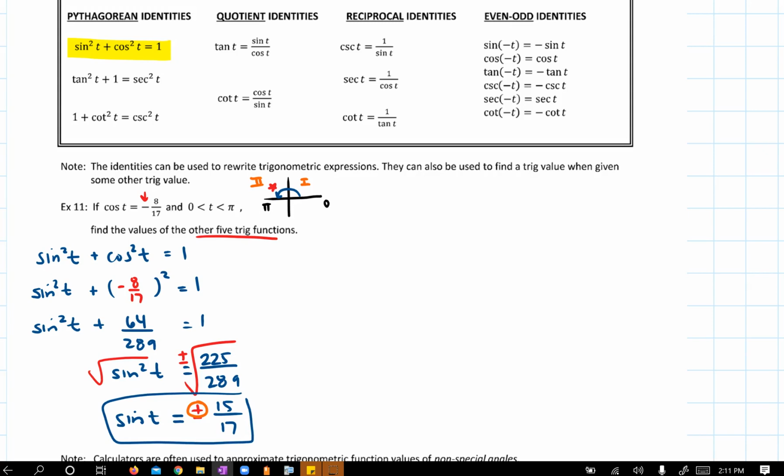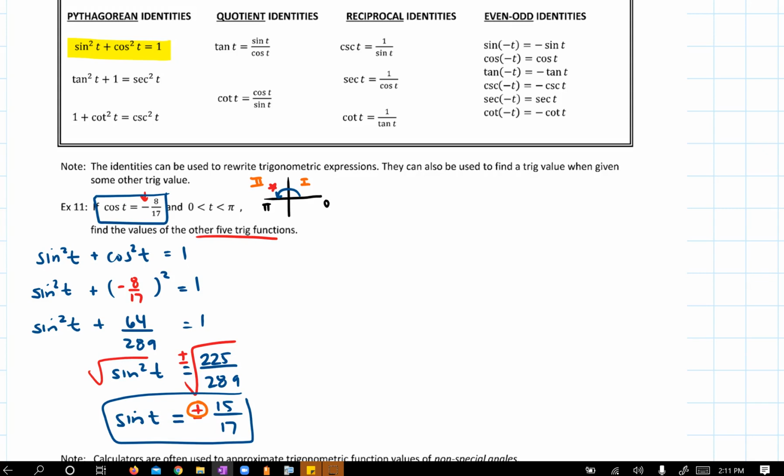Now, there's a couple of ways to go. Sometimes at this point, if I already know what sine of t is and what cosine of t is, I can use the quotient identities to figure out tangent and cotangent, and I can use the reciprocal identities to figure out secant and cosecant. So let's take a look at that.